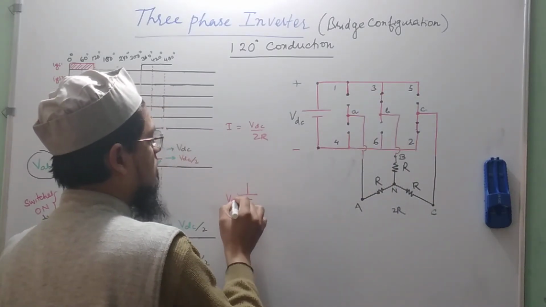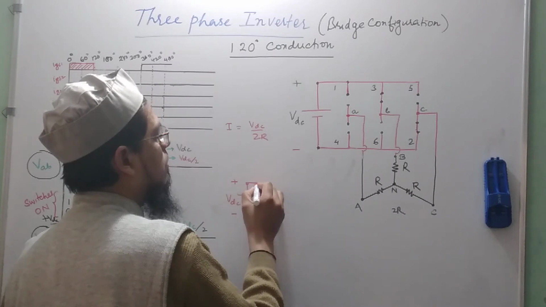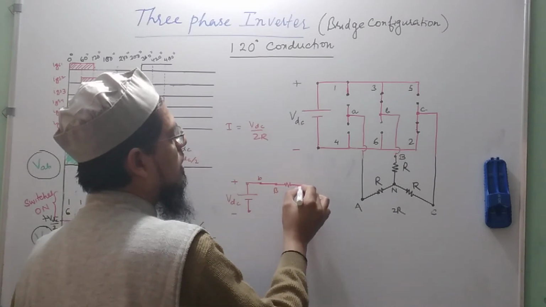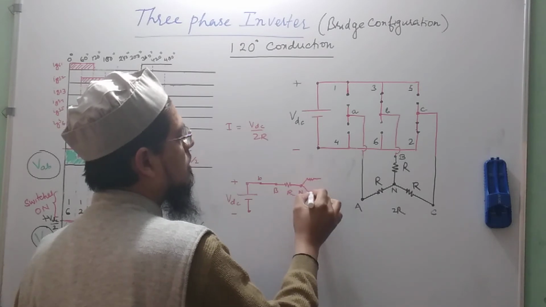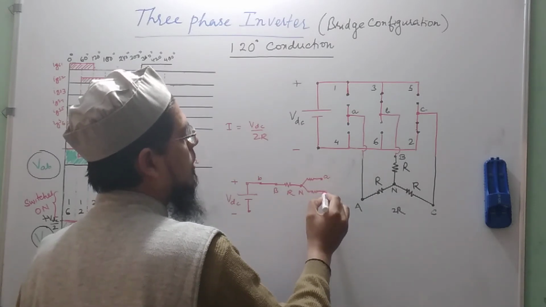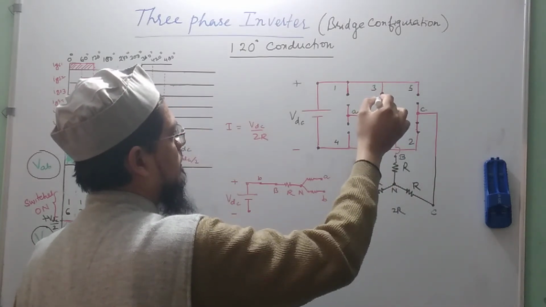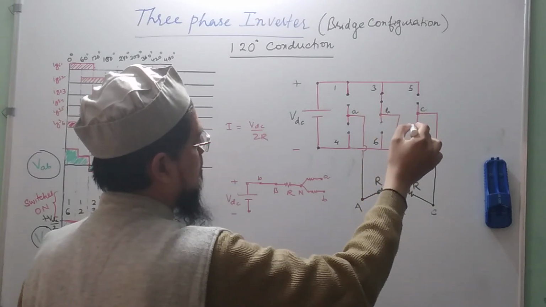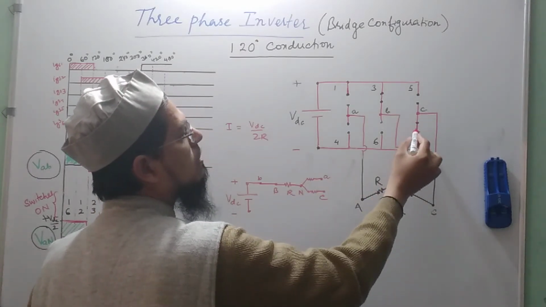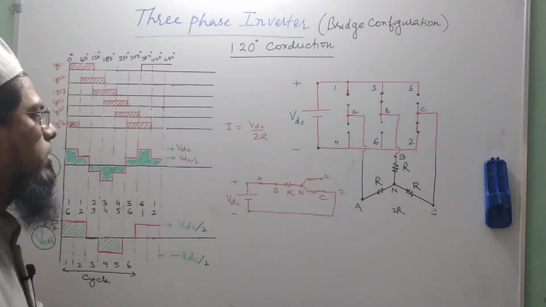So, let us start with this VDC, and this is the point plus and this is minus, and we have to trace through 3 now, and through small b, and to capital B, and then to resistor R, and then to neutral point N, then 2 bifurcations, and one of the bifurcations, that is the A point, is not connected, while through C, and then through this switch 2 we are coming back to the negative terminal of the battery.